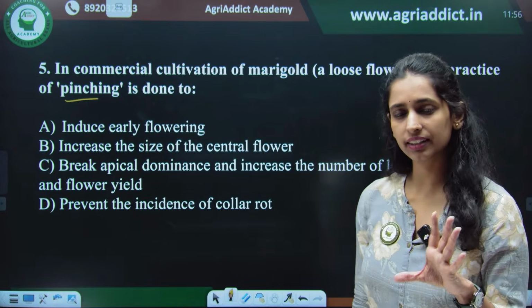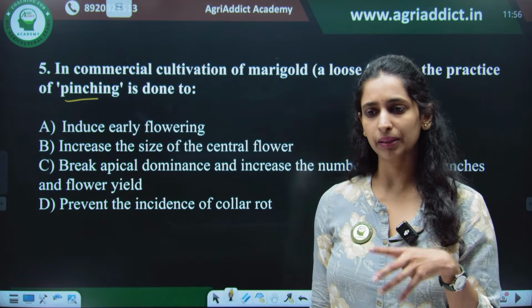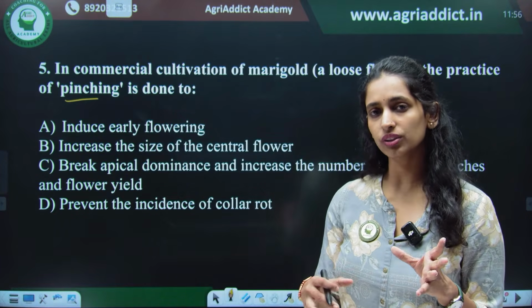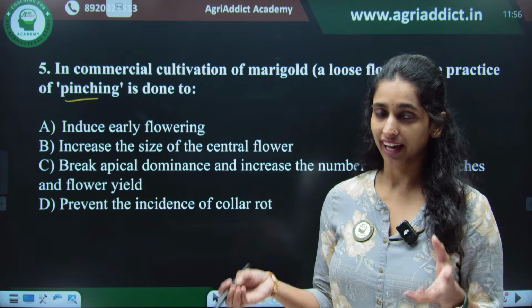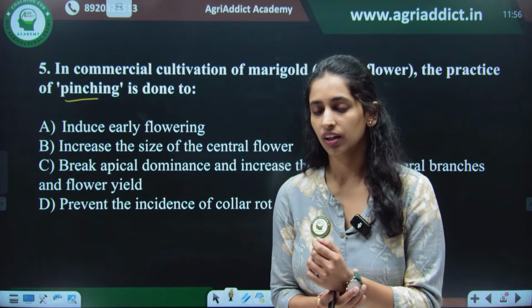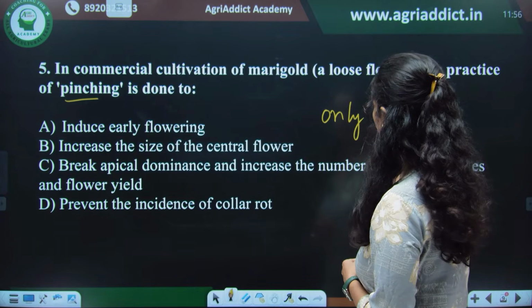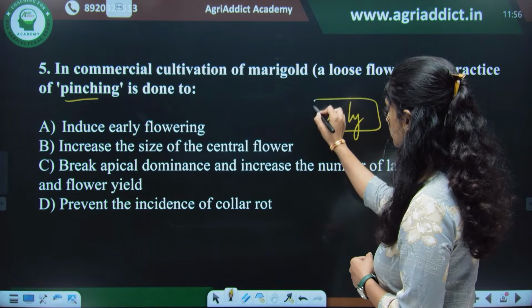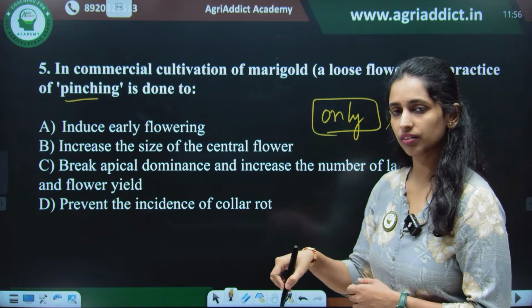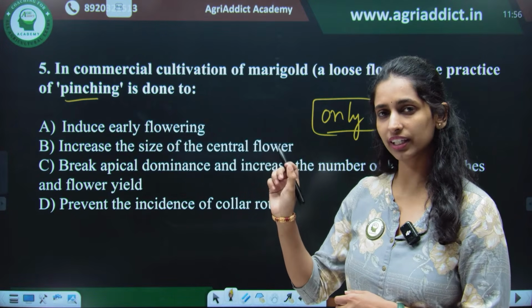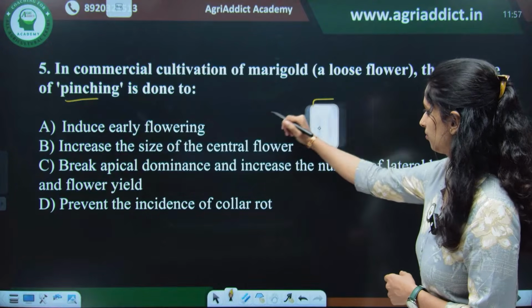Sometimes it seems option A is also correct, option B is also correct. At that time you have to choose which is mostly correct and which has more explanation. And if the option has only, like only C, most of the times this will be wrong.